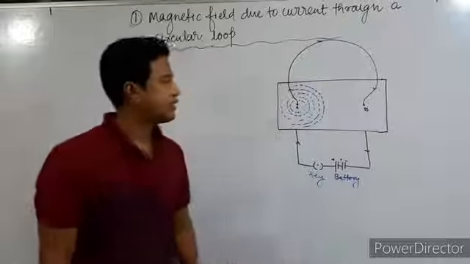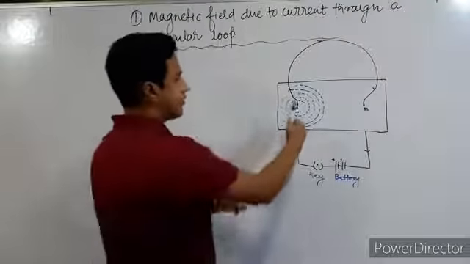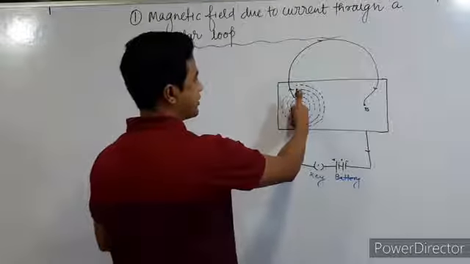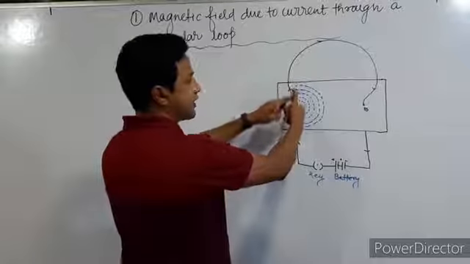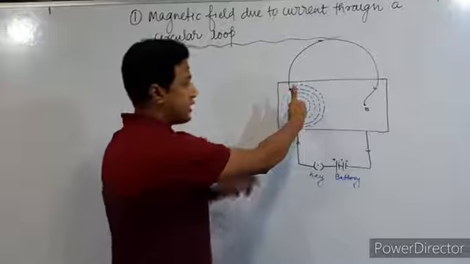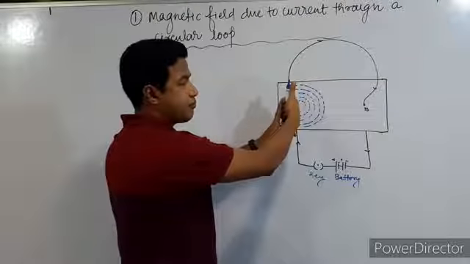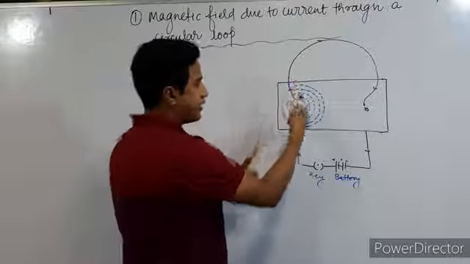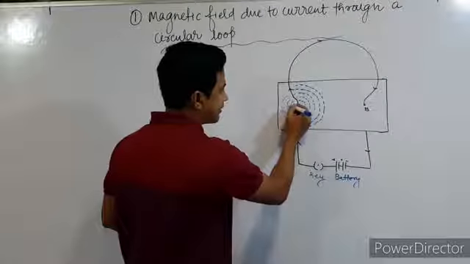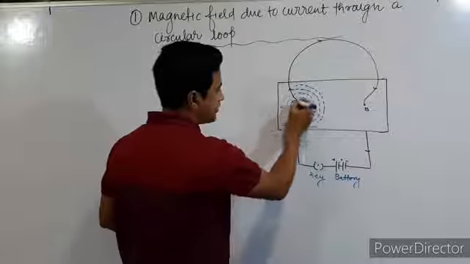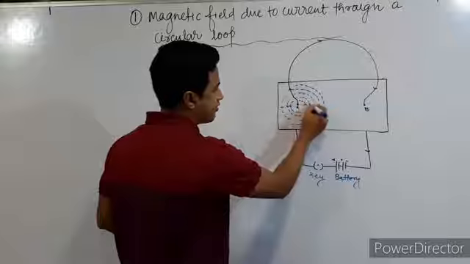Now, what will be the direction of the magnetic field? If I hold my straight conductor like this, this is the direction of current, which is upward, and this is the direction of my magnetic field. So the direction will be like this. When it reaches here, the direction will be like this.